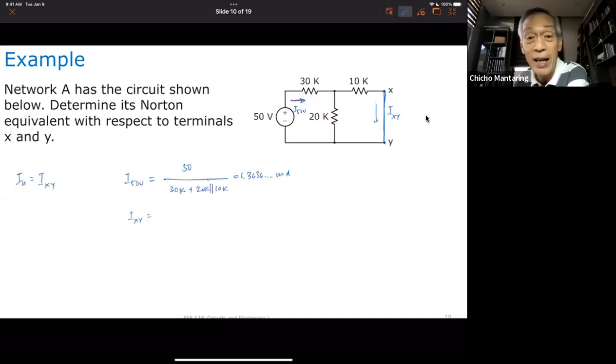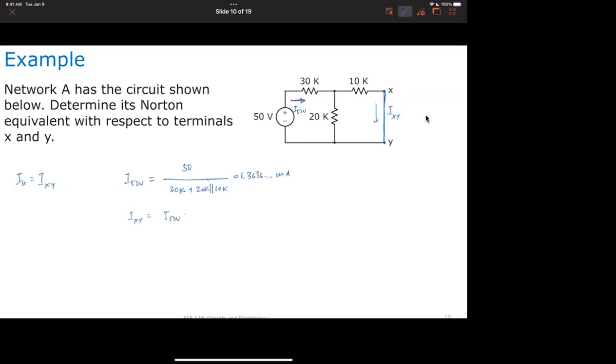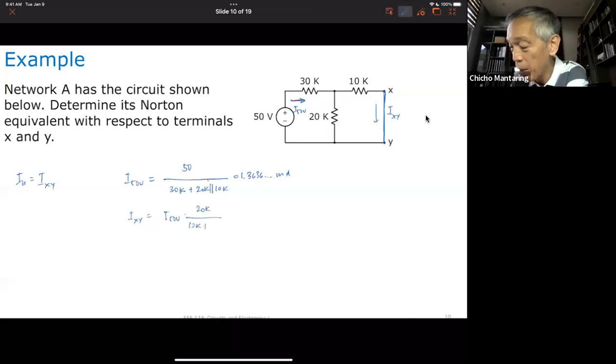So what is I_XY? I_XY will be I 50 volts multiplied by, what will be my numerator? 20K po. 20K. And then the denominator will be 10K plus 20K. Okay? And I'm going to get 0.909 mA.